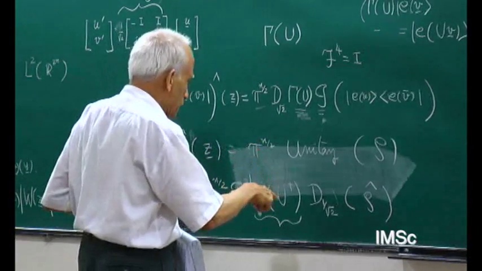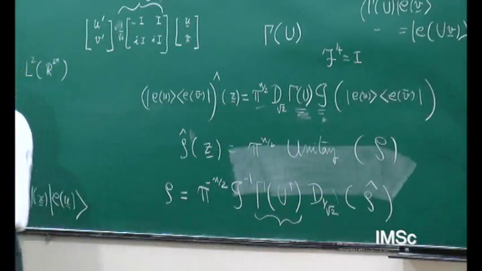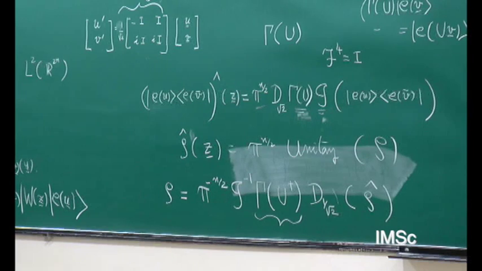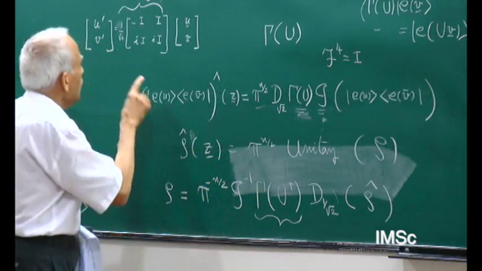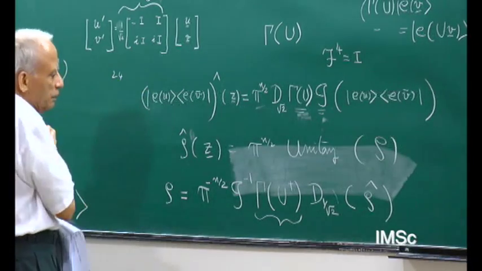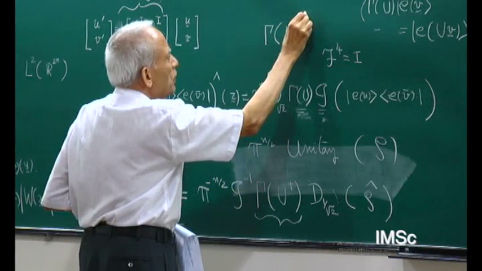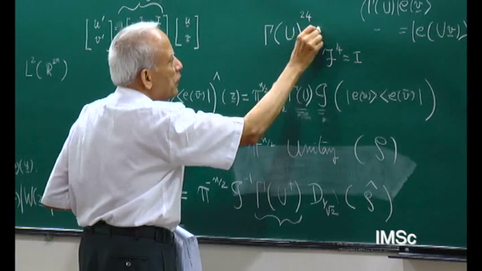And what happens in this case of Fourier transform in the space of Hilbert-Schmidt operators, all the eigenvalues of this are 24th roots of unity. So the Fourier transform here, you have gamma u to the power 24 equal to identity.